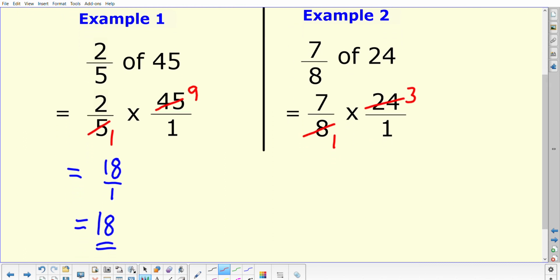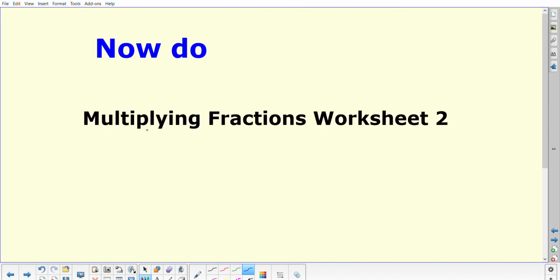That would leave us with, on the top there, 7 times 3, which would be 21, and on the bottom 1 times 1 is 1, and 21 over 1 is just the answer of 21. So what we'd be looking for you to do is use the cancelling fraction idea to do these ones with fractions of. So you're going to do this multiplying fractions worksheet 2 now.